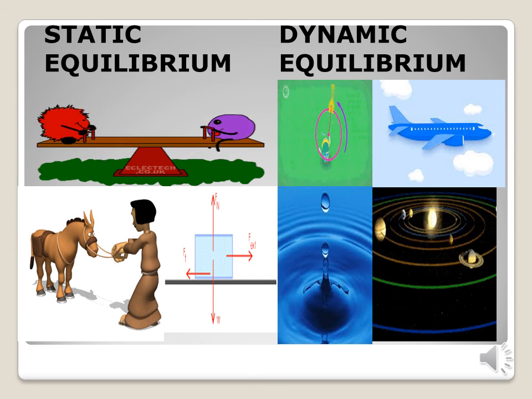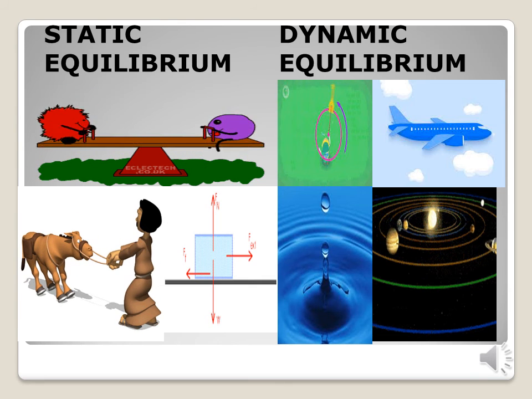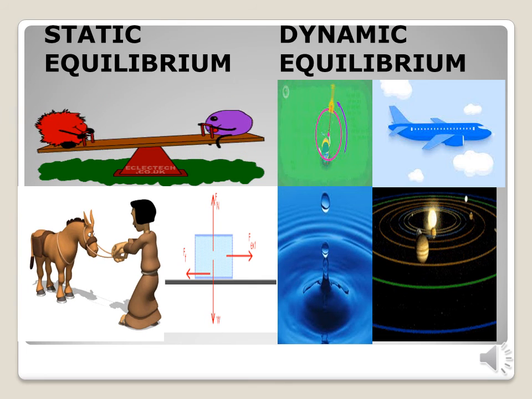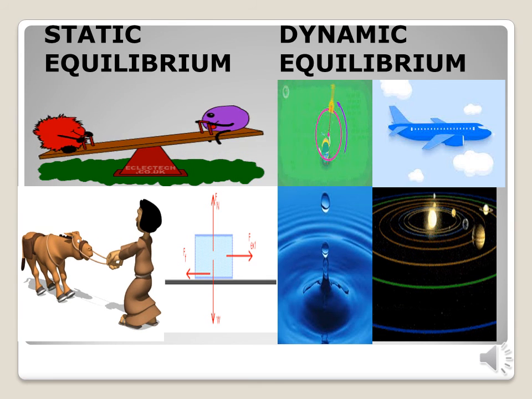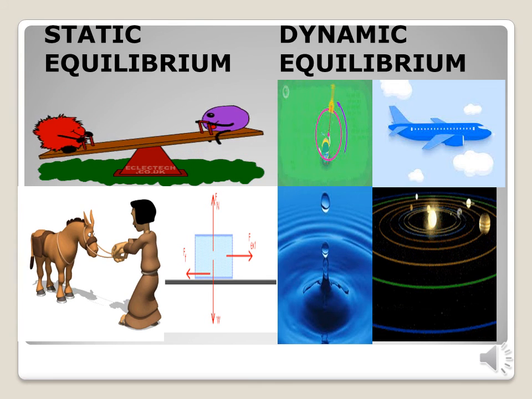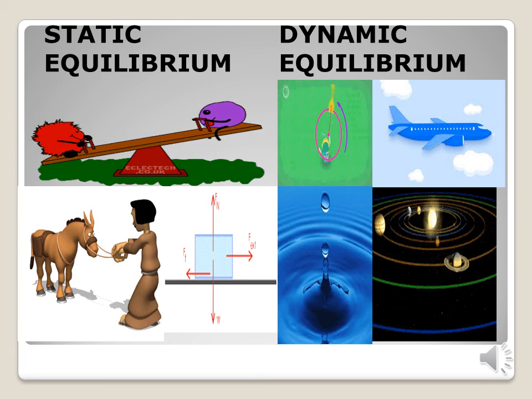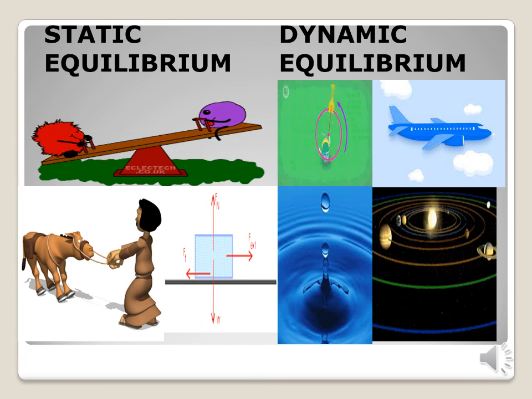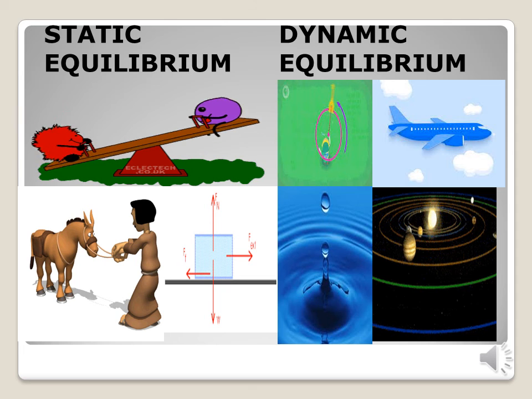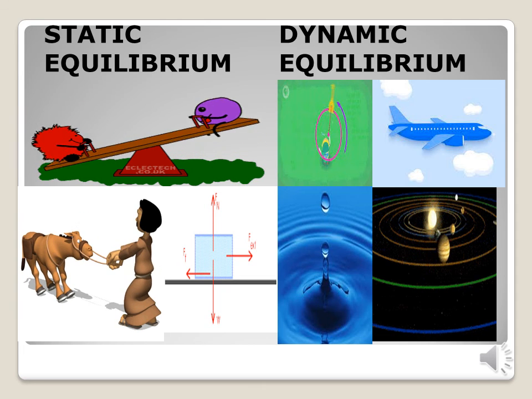In the third example, a stone tied at the end of a string, when whirled in a circular path with a uniform speed, is in dynamic equilibrium because the tension in the string provides the centripetal force required for the circular motion.